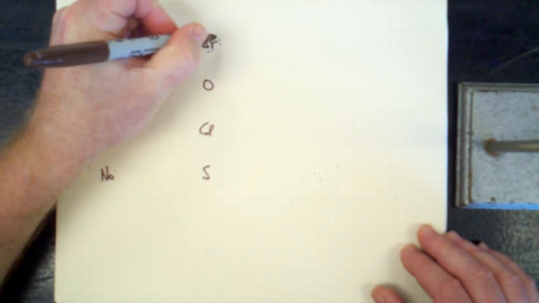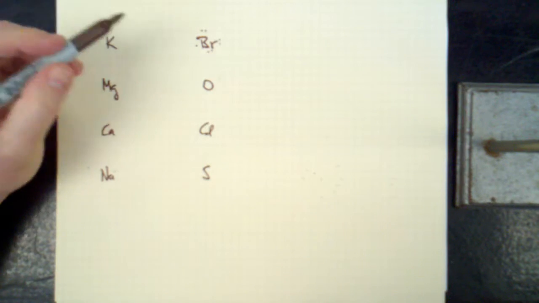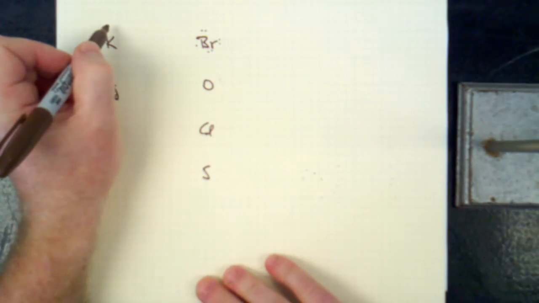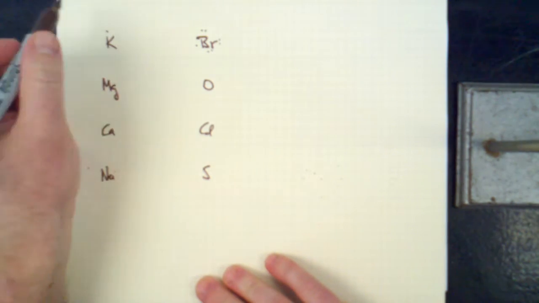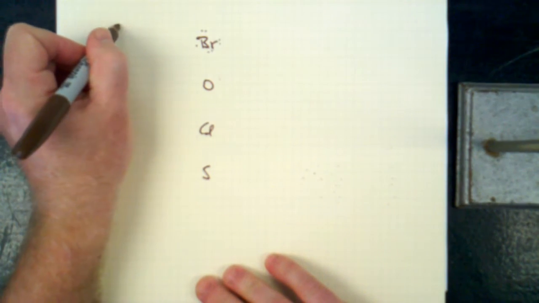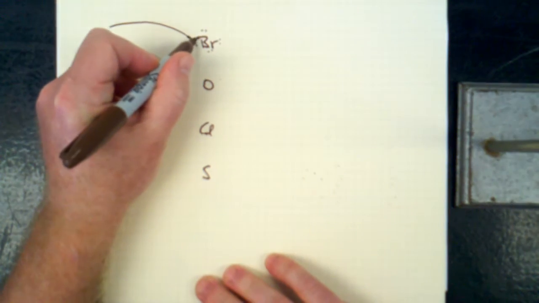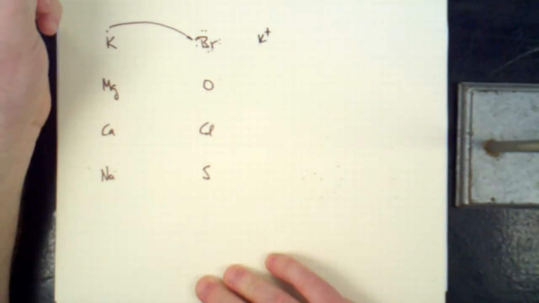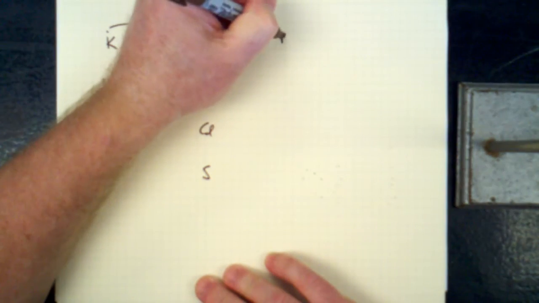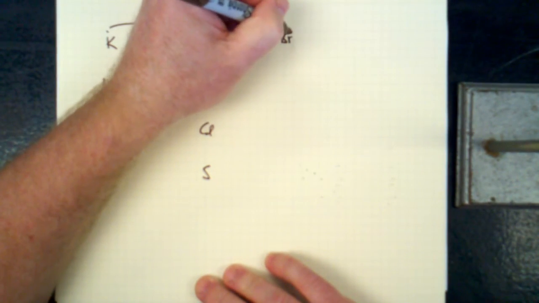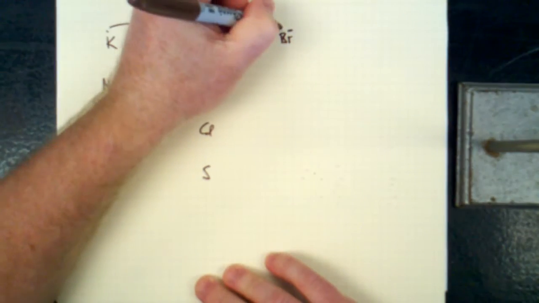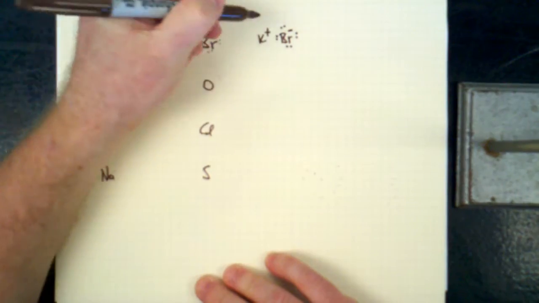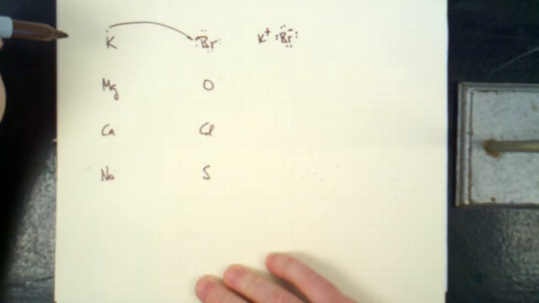Well, how do they get together? Well, what happens is that the bromine steals this one from the potassium, and what we get is our positive potassium and our negative bromine, and since this guy's full, they then get attracted to each other.